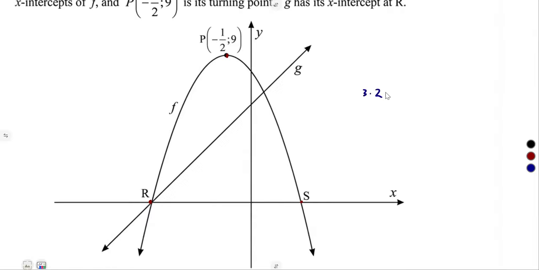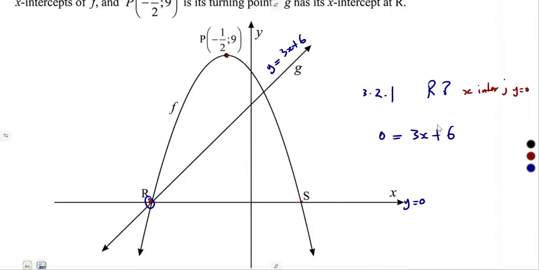So 3.21, to determine the coordinates of r, in this case, we are going to use g of x. Remember, our g of x is the graph of y is equal to 3x plus 6 as we are given. So r as the x-intercept, we do understand y is equal to 0. So use that condition. If y is equal to 0, what is the value of x? You solve 3x plus 6 equals 0.